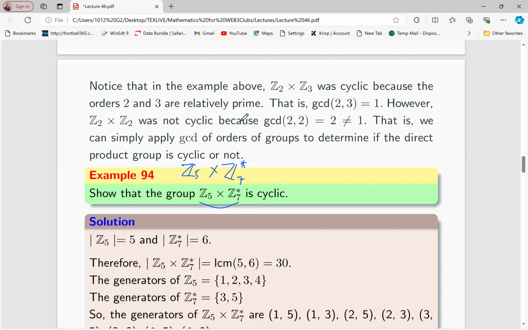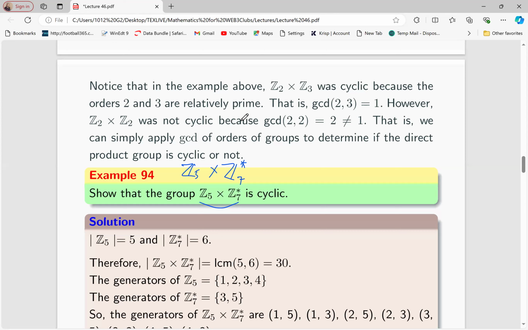And why I also showed that is that in some cases, it will not be easy to tell if a group is cyclic, like in the case we are in now. The one we are looking at, Z5 cross Z7 star, you cannot easily tell whether it's cyclic or not. So again, determining the generator becomes important for you to tell whether it's cyclic.